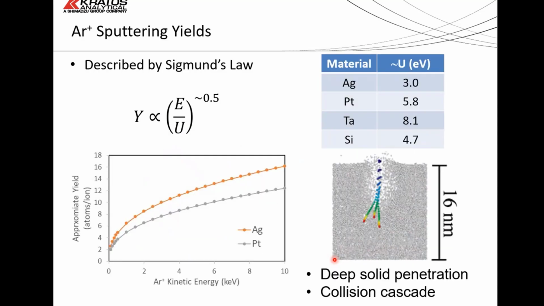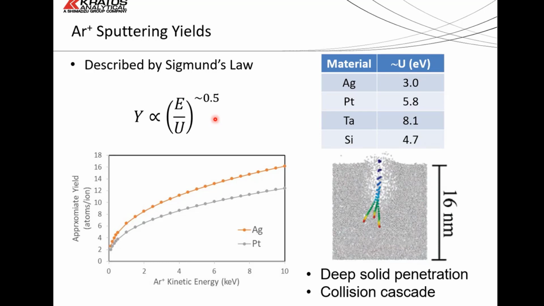So, moving on to sputtering. One of our first considerations: if we're looking at sputtering samples with noble ions, such as argon plus, typically the sputter yields have been described by Sigmund's law or variations thereof. I've presented it here in its most crude and simple form.